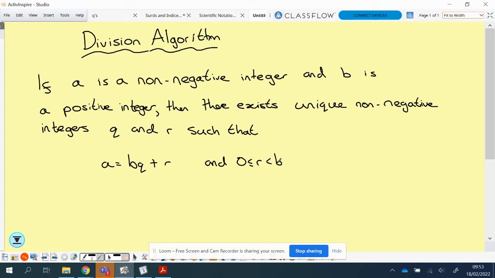Okay, now that's actually a very fancy way to say that Q stands for quotient and R stands for remainder. That's where you get the letters from.